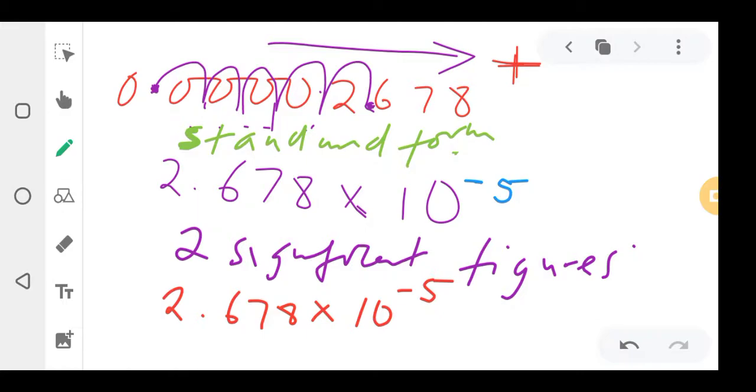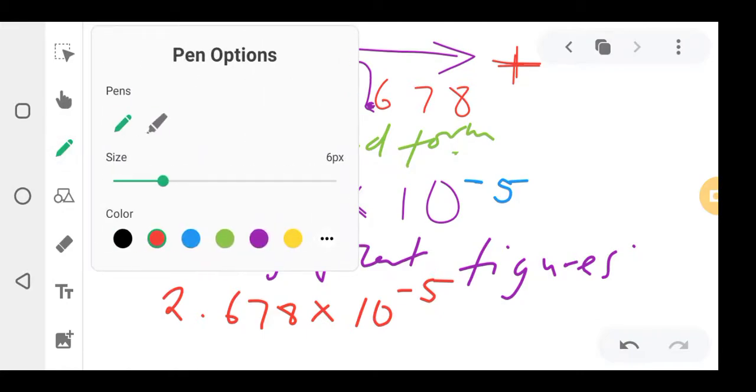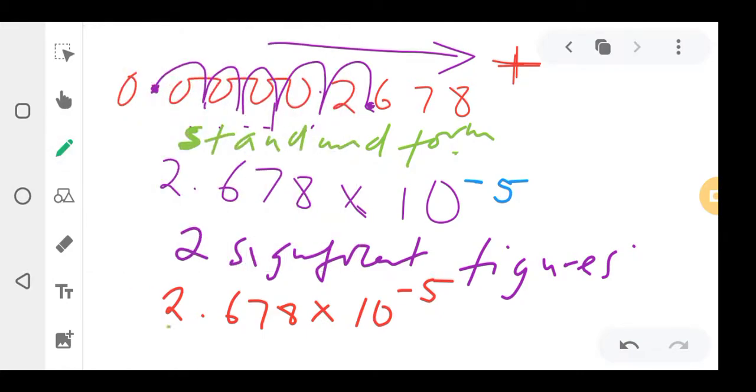Since they said 2 significant figures, it means you count the first 2 numbers. My first number is 2, the second one is 6. So you count 1, 2, so it ends on 6. After number 2 there you draw a line. Since the number in front of 6 is 7, you add 1 to 6. So it will be 2.7, because the number in front is above 5.